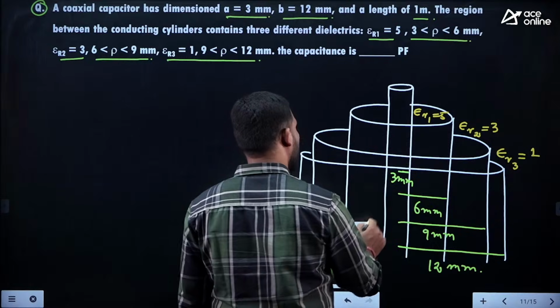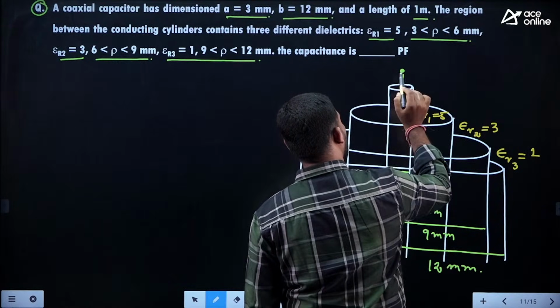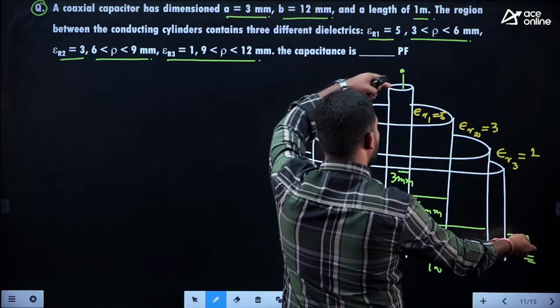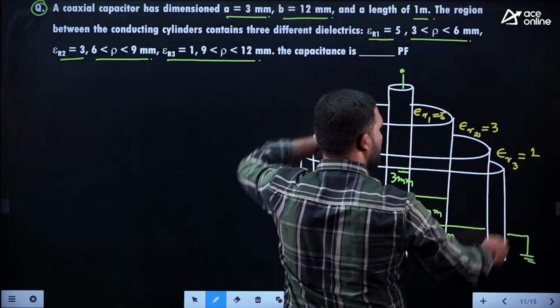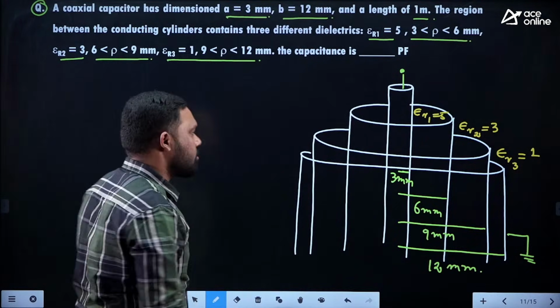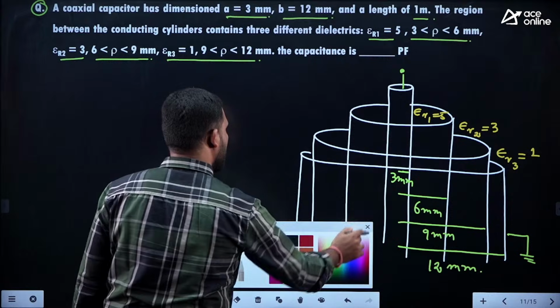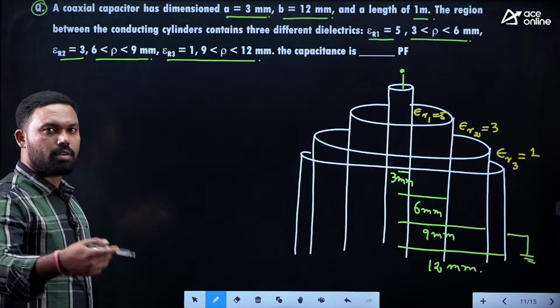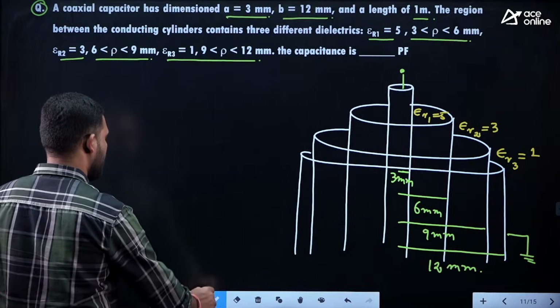The signal is connected between these two things. So it is as simple as the capacitors are in series. When the capacitors are in series, the resultant is equal to 1 by C1 plus 1 by C2 plus 1 by C3, isn't it?